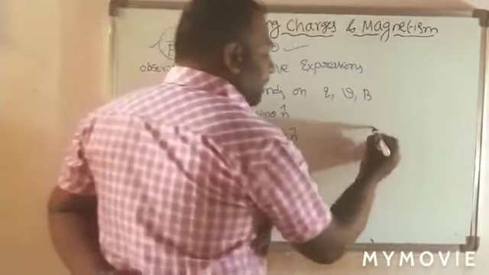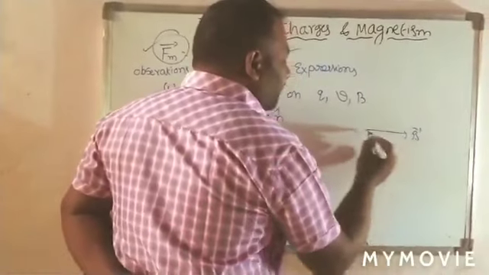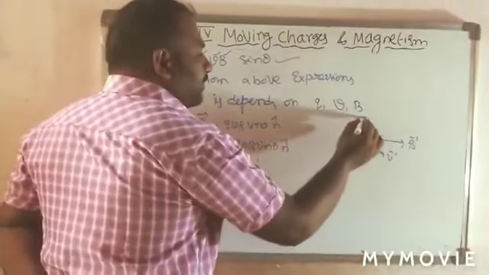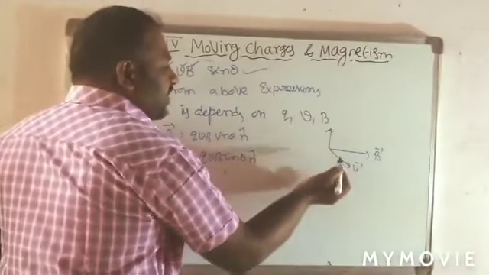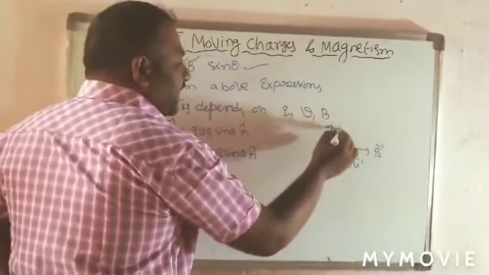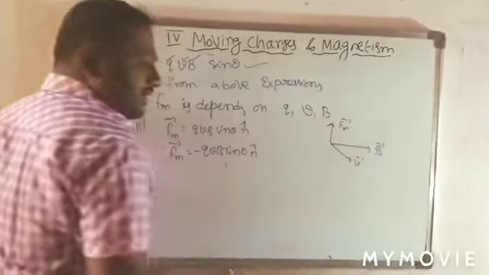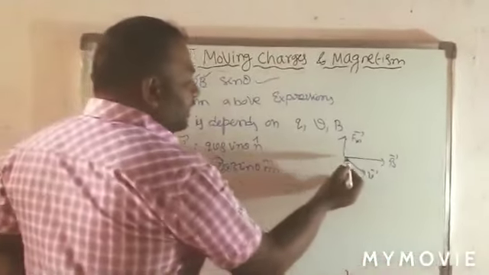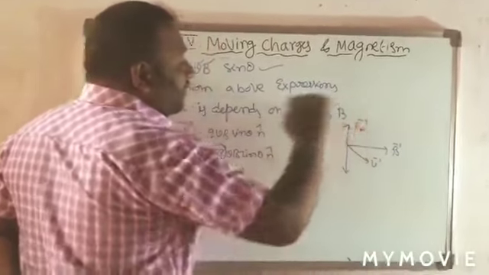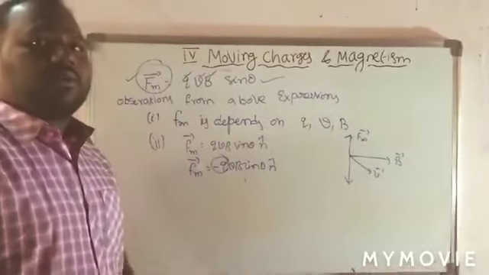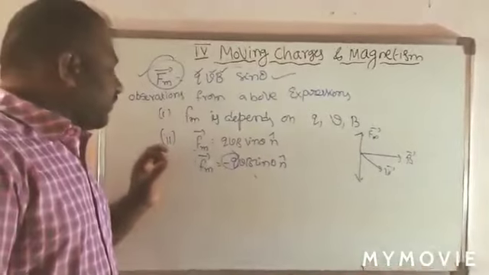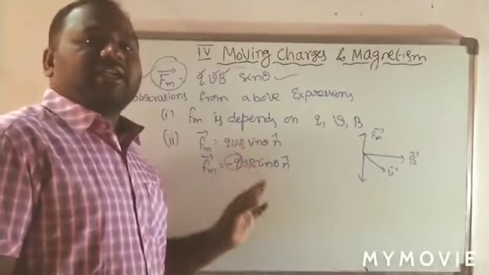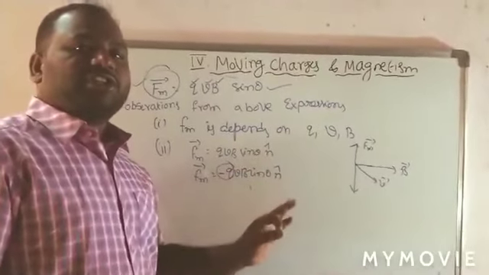The meaning of this is, if it is V bar and it is V bar, then if the test charge is plus, the force is acting in this direction, but if you take the charge as negative, then the force is acting in the downward direction. So from that what we said, the magnetic force on a negative charge is opposite to the magnetic force acting on the positive charge.